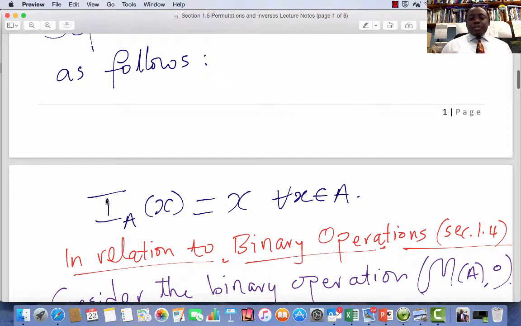It is the map such that IA of X equals X for every X in A. So the identity map maps every element to itself. Any map you find in MA that maps an element to itself would be the identity map.